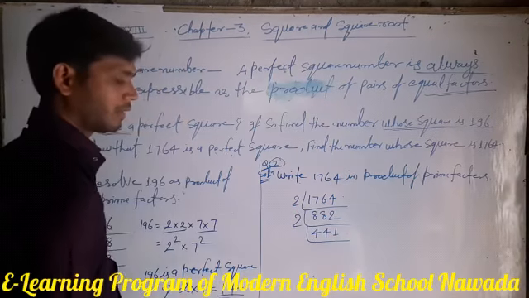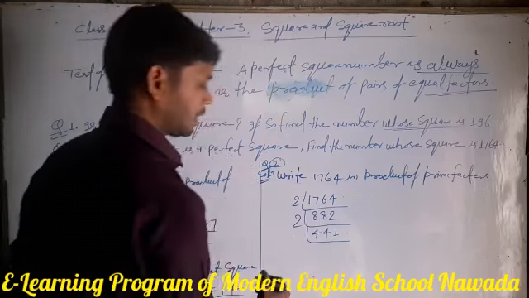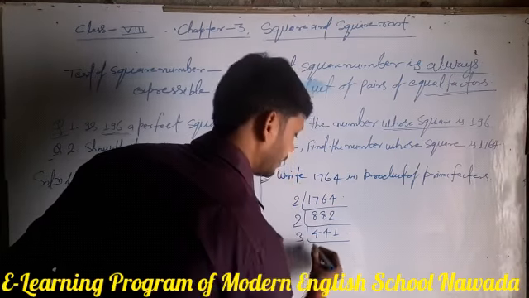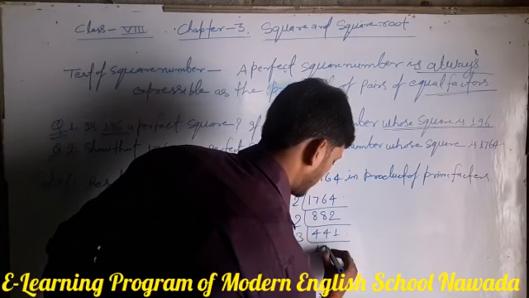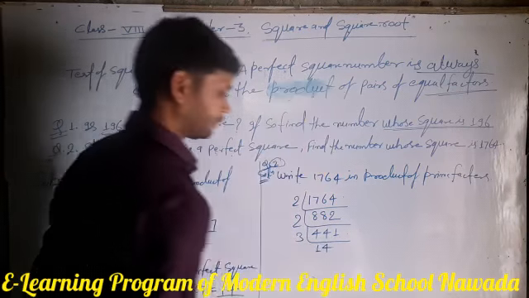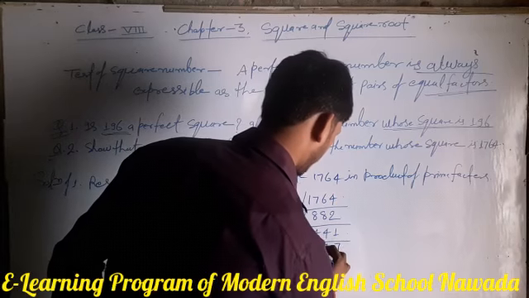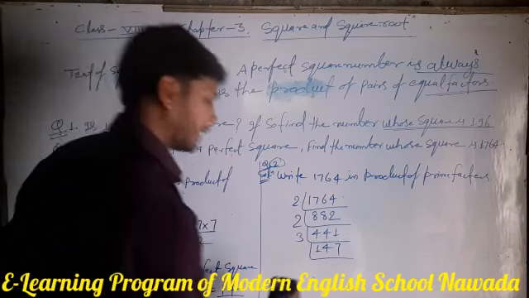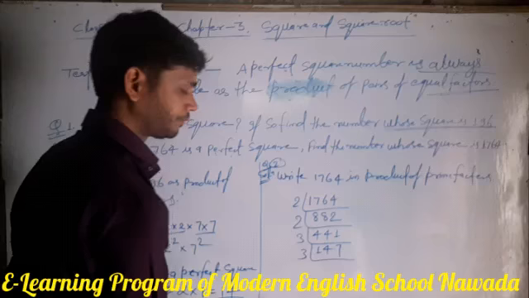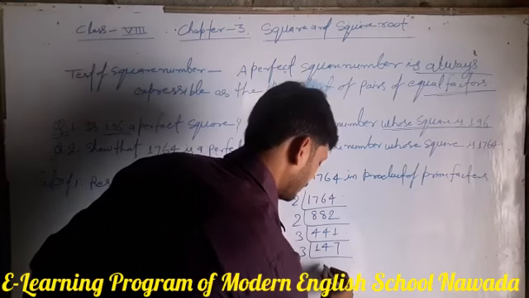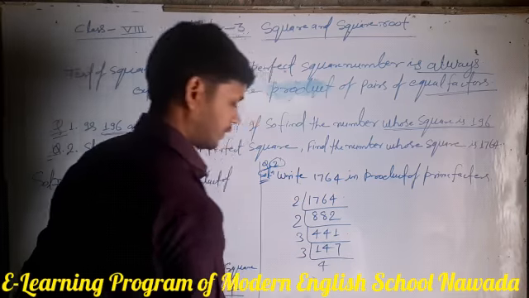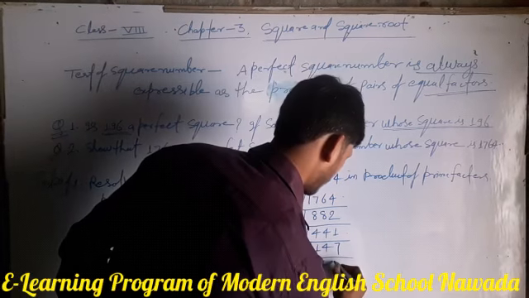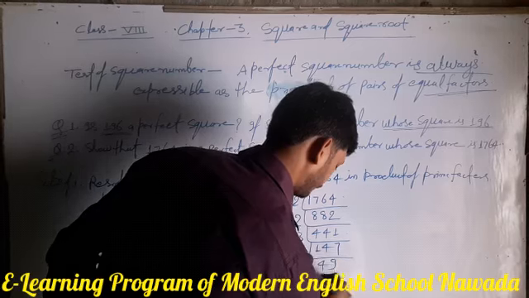Again this is divisible by 3, so divide it by 3: 147. Again divided by 3: 49.